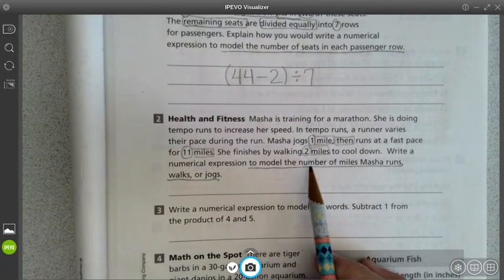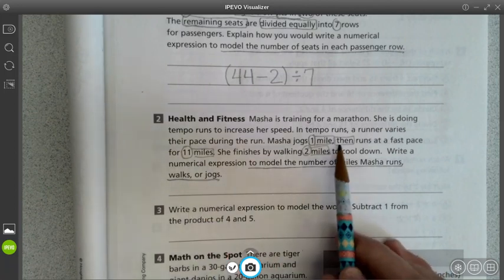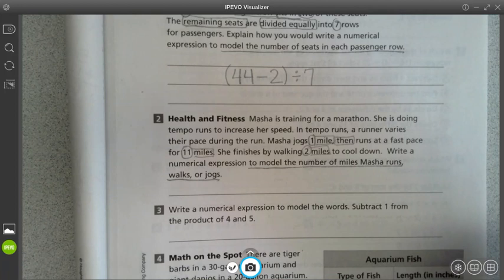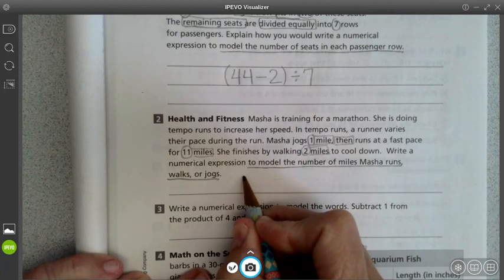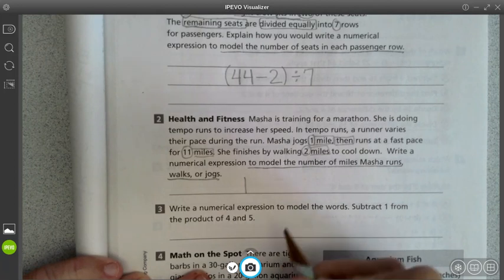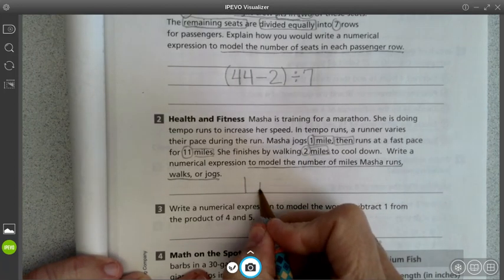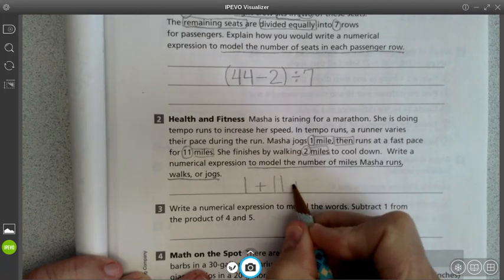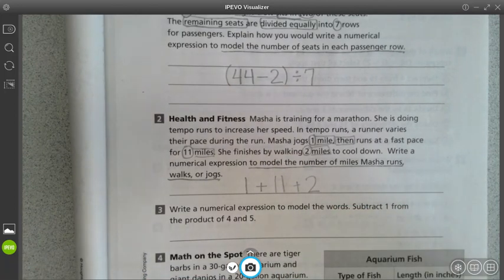So if I'm modeling the number of miles that she's running, walking, and jogging, I'm really just going to find the total for those miles. So I would simply take the 1 mile that she jogs, and I would add the 11 miles that she runs, and then she's going to cool down for 2 miles. And that would simply be a numerical expression for addition, and we would be able to find the miles that she runs, walks, or jogs.